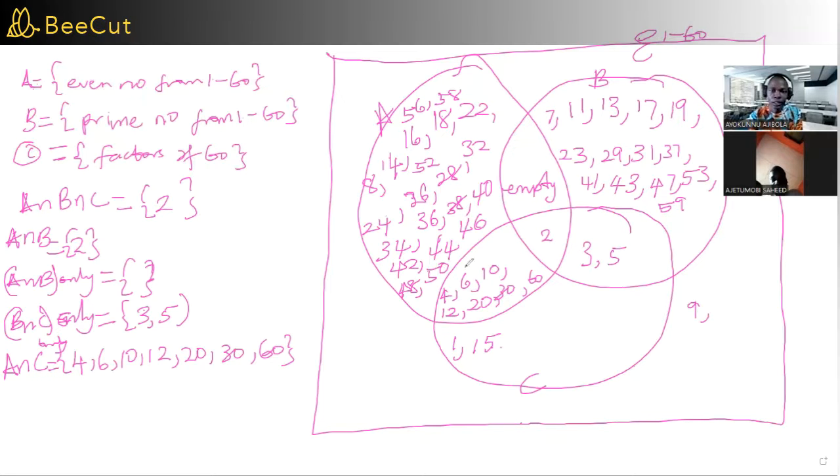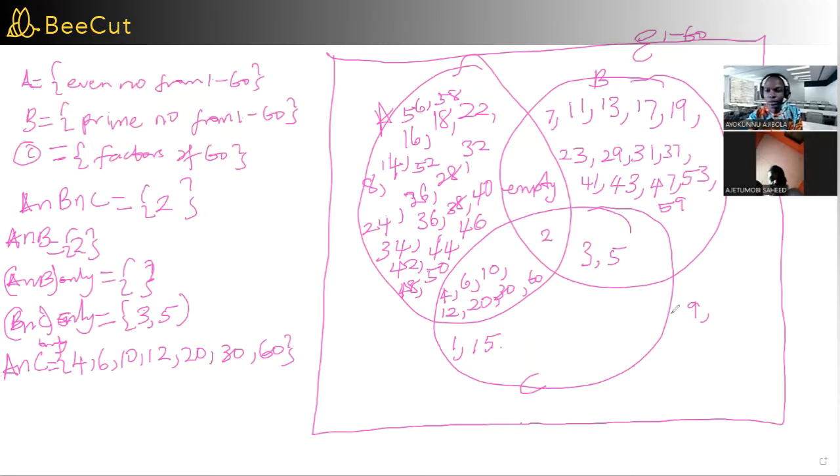Then 10 is contained. 11 is contained in prime numbers. 12 is contained. 13 is contained here. 14 here. 15 in the factors. 16 here. 17 here. 18 here. So 19 here. 20 is already here. 21.